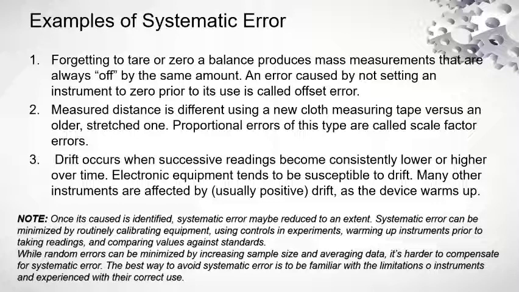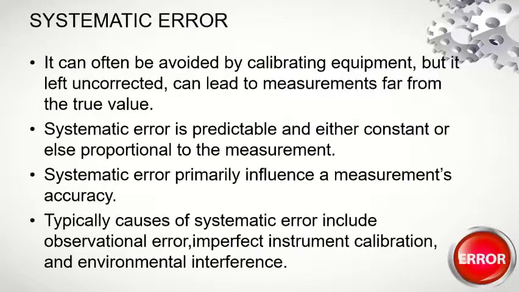Systematic error is avoidable, the opposite of random. Let's go back to the definition. It is predictable, and typically causes include observational error, imperfect instrument calibration, and environmental interference.